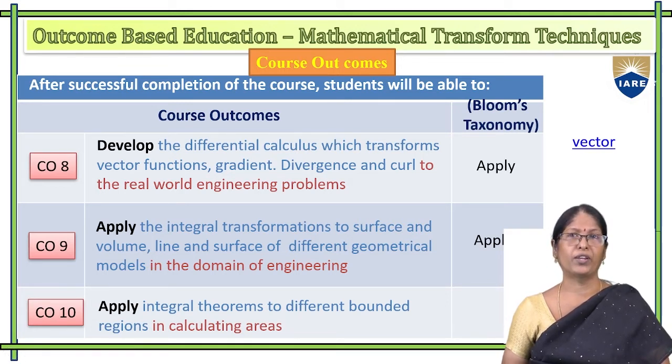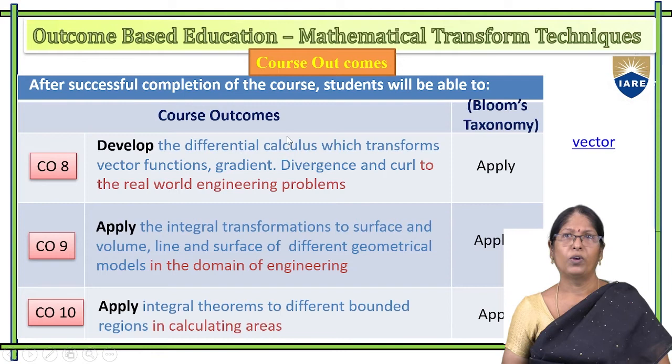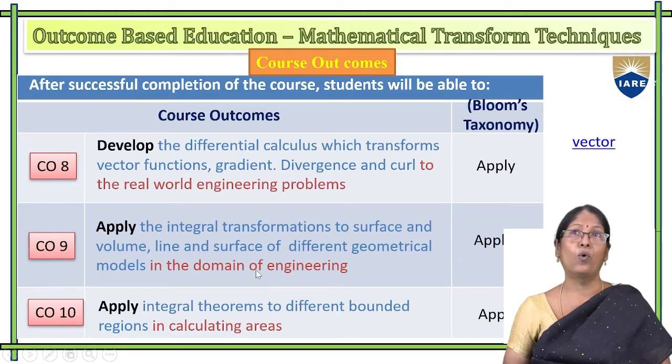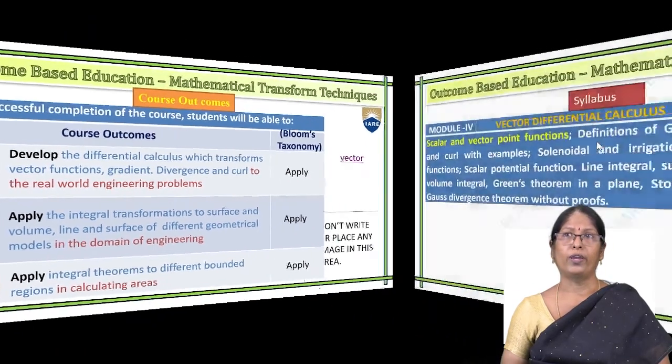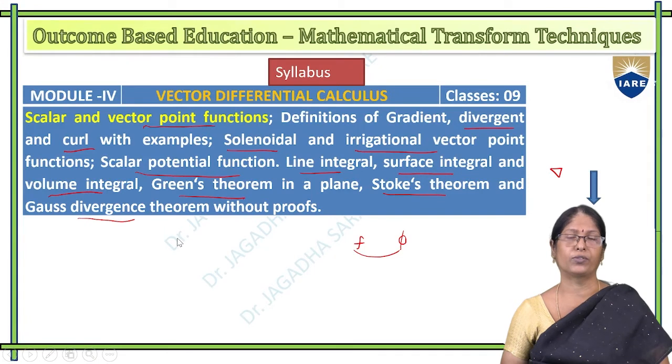If double integration is there, it is understanding level, 2 dimension. The 2 dimension is used to calculate surface, and 3 dimension is used for volume. So apply. Completely, the fourth module, vector differential calculus, has 3 course outcomes, 8, 9, 10, which are framed. Now we will see how it satisfies our syllabus.